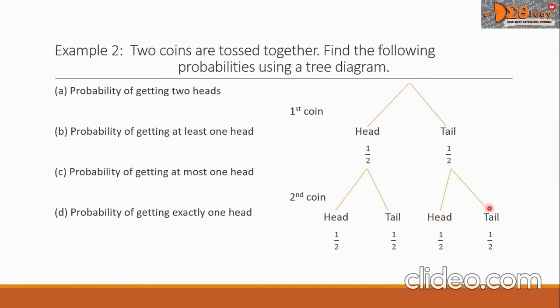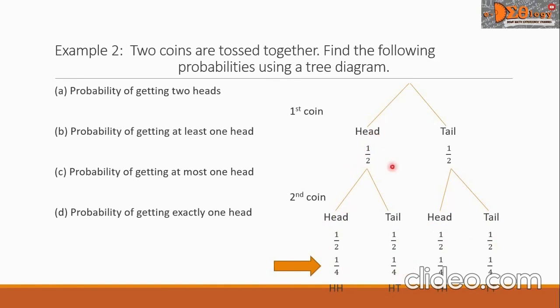For tail, it is also 1/2. Now, let us multiply the probabilities. So, turning head in the first coin and turning head in the second coin, that is 1/2 times 1/2. And the answer is 1/4.